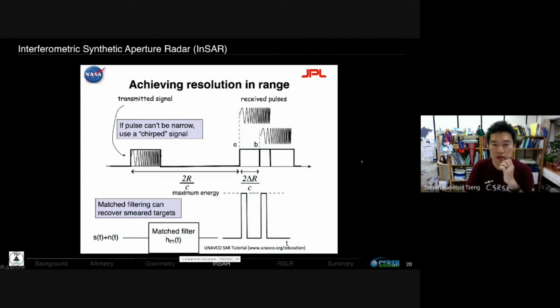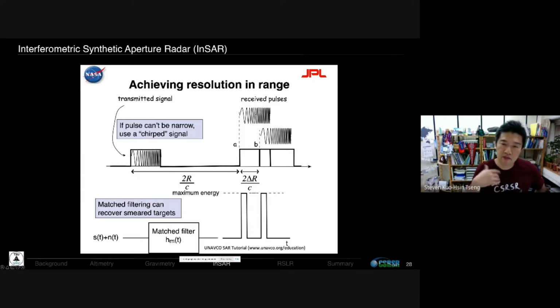I think I'll probably quickly go over the principle of INSAR measurement. So the INSAR measurement uses the so-called signal chirp. So signal chirp is a modulated frequency of the pulse.